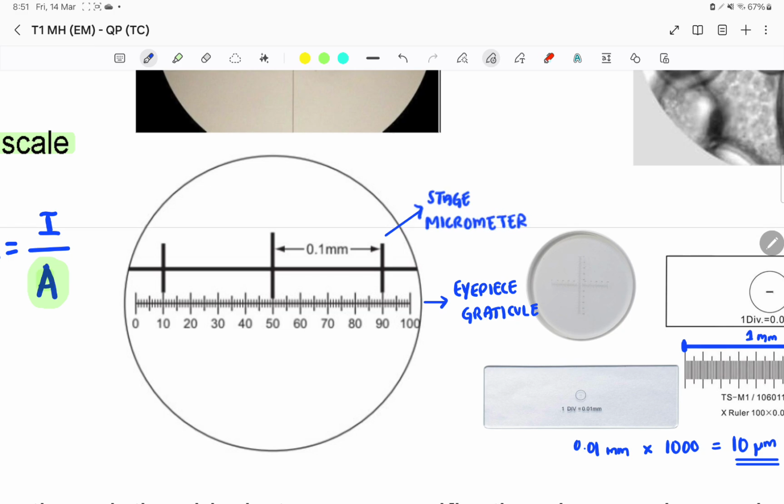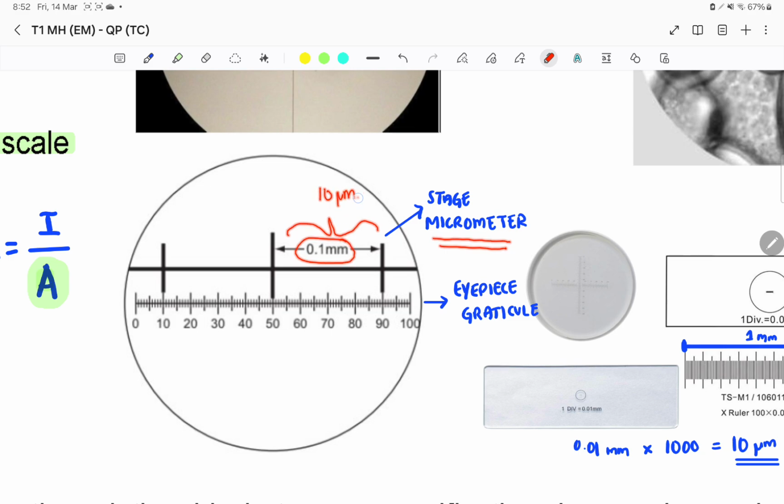Now, even though earlier I told you that with the eyepiece graticule, we do not know what each division equals to, there's no unit, we don't know yet. That's why we need the stage micrometer, because we know that each division of the stage micrometer equals 0.1 millimeter or 10 micrometer.